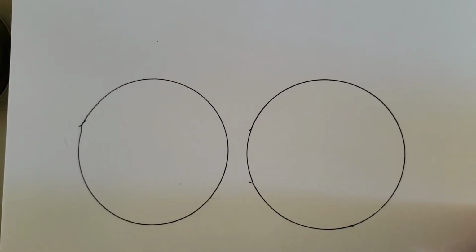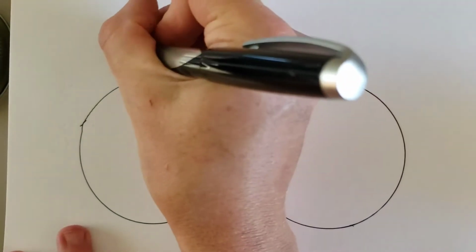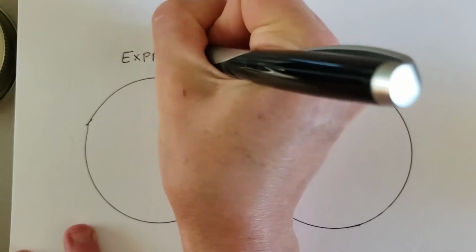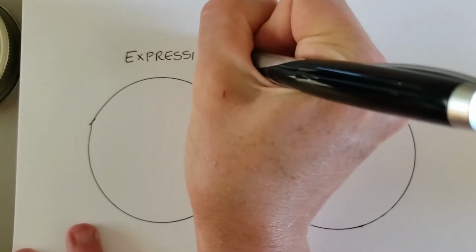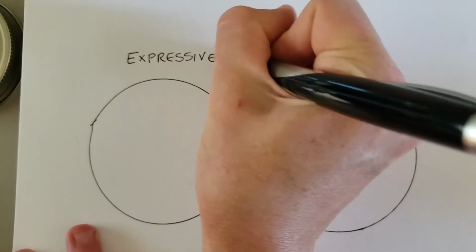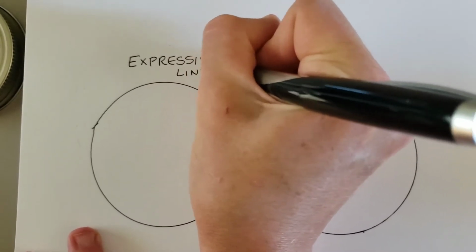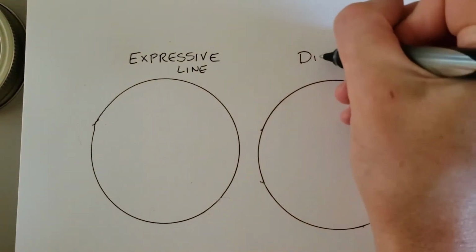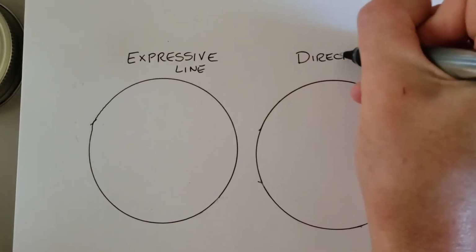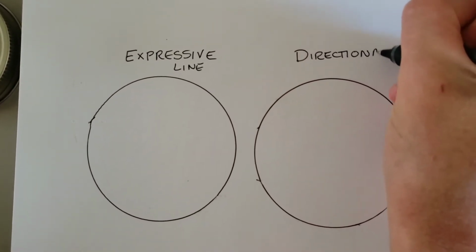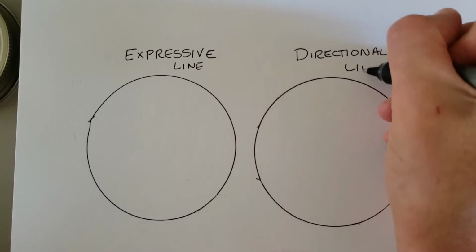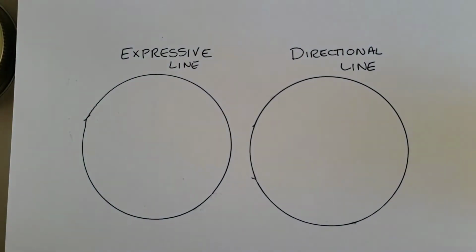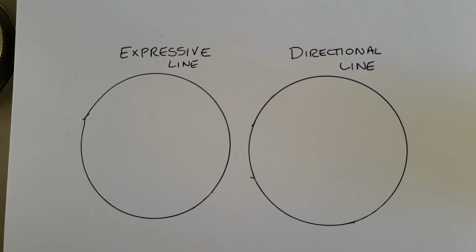I'm then going to label which one is going to be expressive line, and which one is going to be directional line. And then I'm going to get started with the expressive line circle.